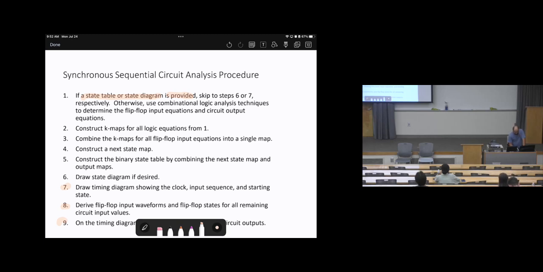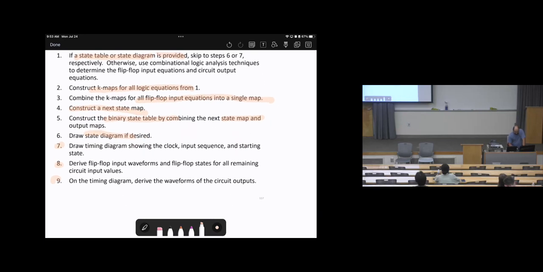Then, one way is constructing K-maps for all the logic equations of the circuit, then combining the K-maps for the flip-flops into a single map, then constructing the next state map, then constructing the binary state table by combining the next state maps. Then draw the state diagram and state table, then we can make the waveforms, or the timing diagram. In the timing diagram, we can plot the other waveforms in case we need the rest of the waveforms.